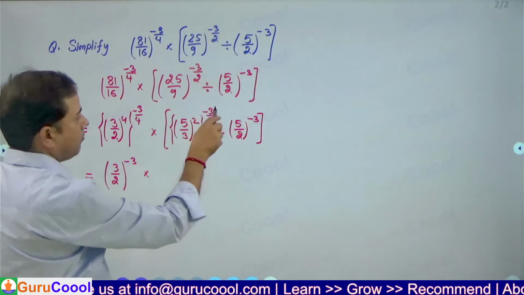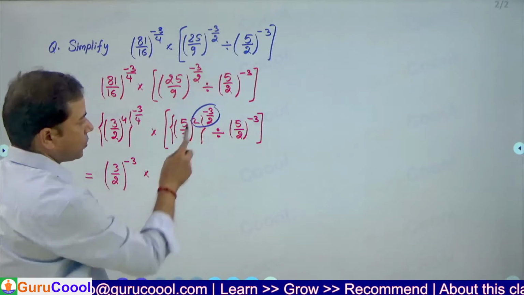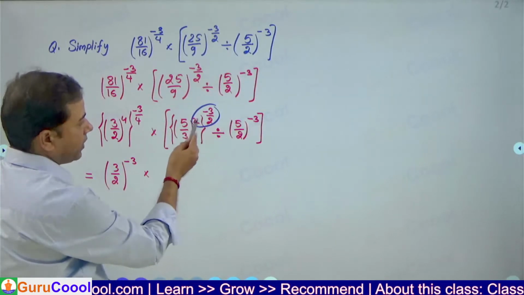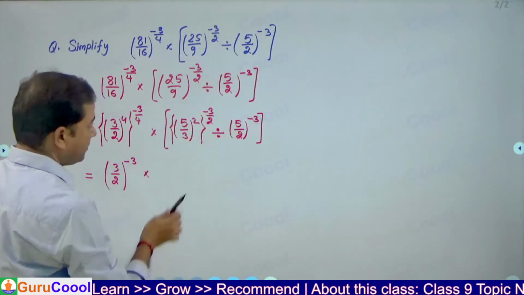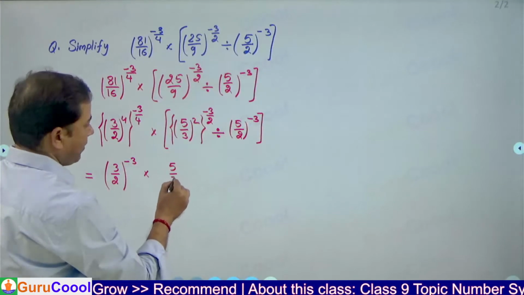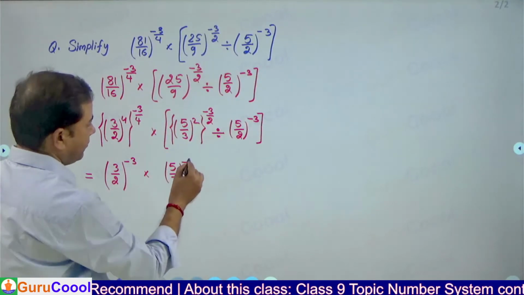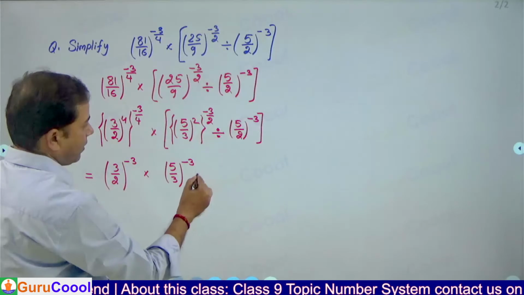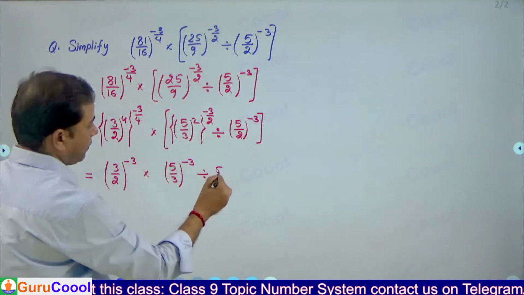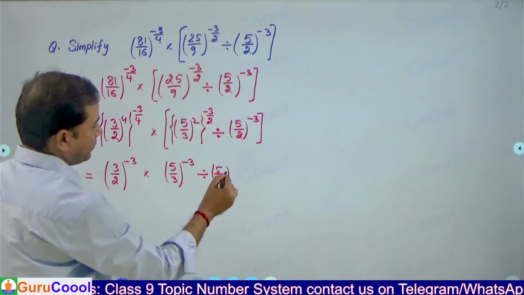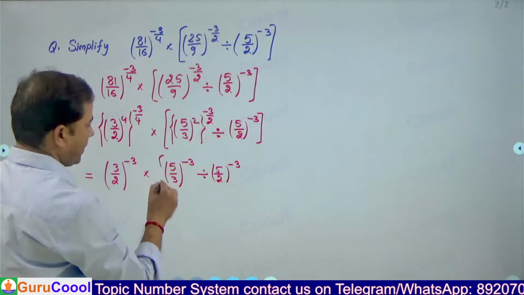Here again power to the power, so 2 will be cancelled, and minus 3 will remain again. 5 by 3 to the power minus 3, divided by 5 by 2 to the power minus 3 inside a big bracket.